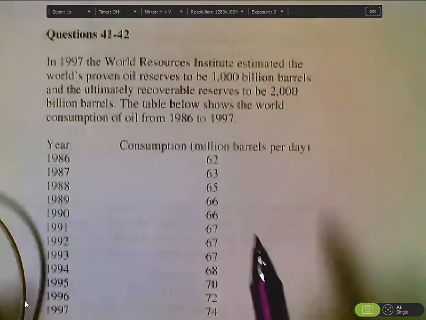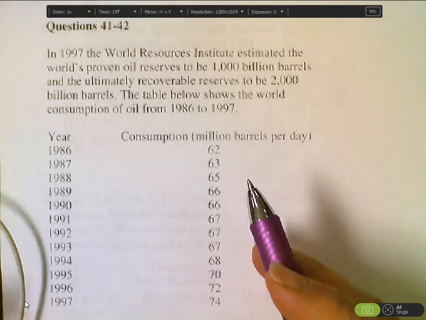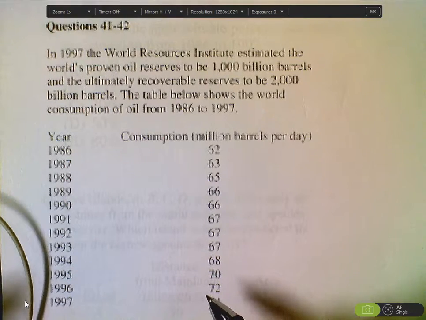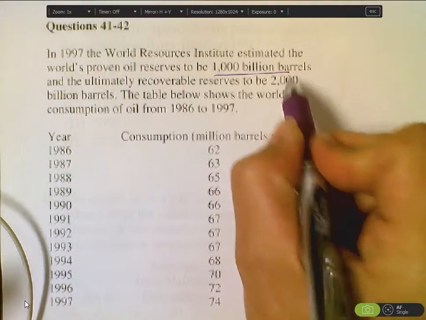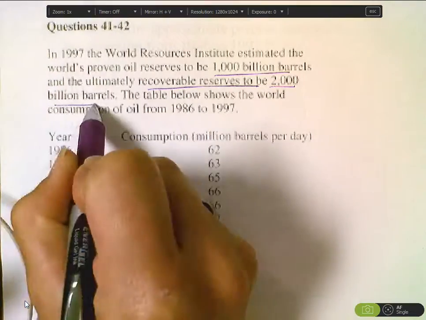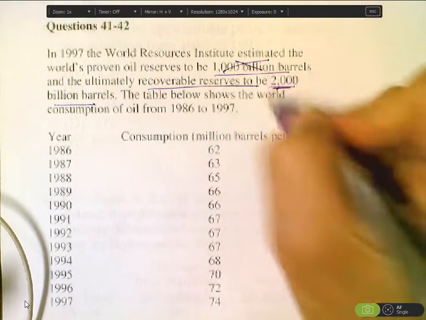Okay, so for question 42, they give you a graph. So the first thing you want to do is familiarize yourself with what the graph is actually telling you. So in 1997, the World Resources Institute estimated the world's proven oil reserves to be 1,000 billion. Ultimately, recoverable reserves is 2,000 billion barrels. So in other words, since this is actually recoverable, this is useless information right there.